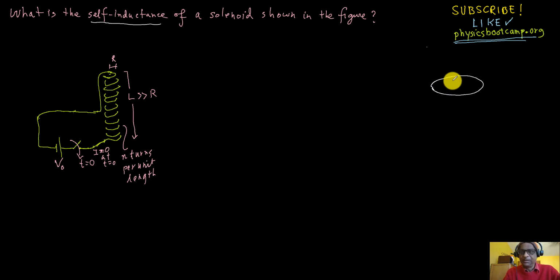Just say it's some kind of loop, and the current can flow through this loop. This is some kind of metal, and this is current, but the current depends on time. If you look at the magnetic field, there will be a magnetic field going around.